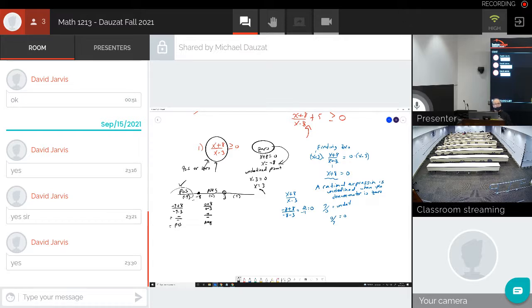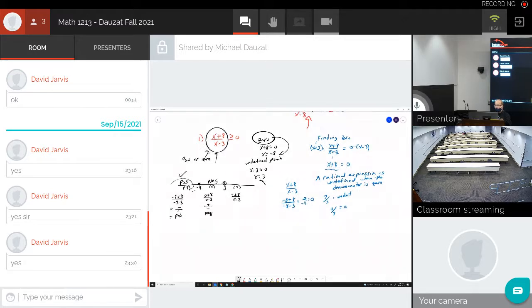And then finally, we're almost done. The next test point is 5. So you're going to say 5 plus 8 divided by 5 minus 3. 5 plus 8 is what kind of number? Positive. It's positive 13. 5 minus 3 is a positive 2, so that's positive. A positive divided by a positive is what kind of number?